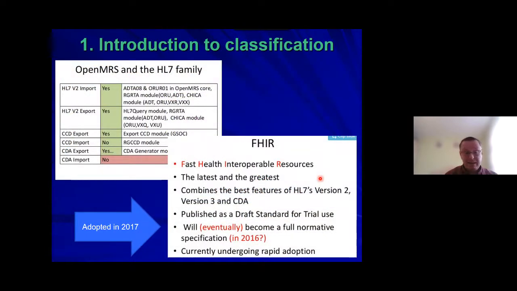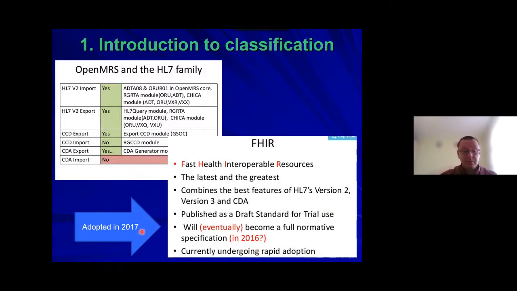And the latest component of HL7 is the Fast Health Interoperable Resources standard, FHIR, which was adopted in 2017. It combines the best features of versions 2 and 3 and the clinical document architecture from core HL7.